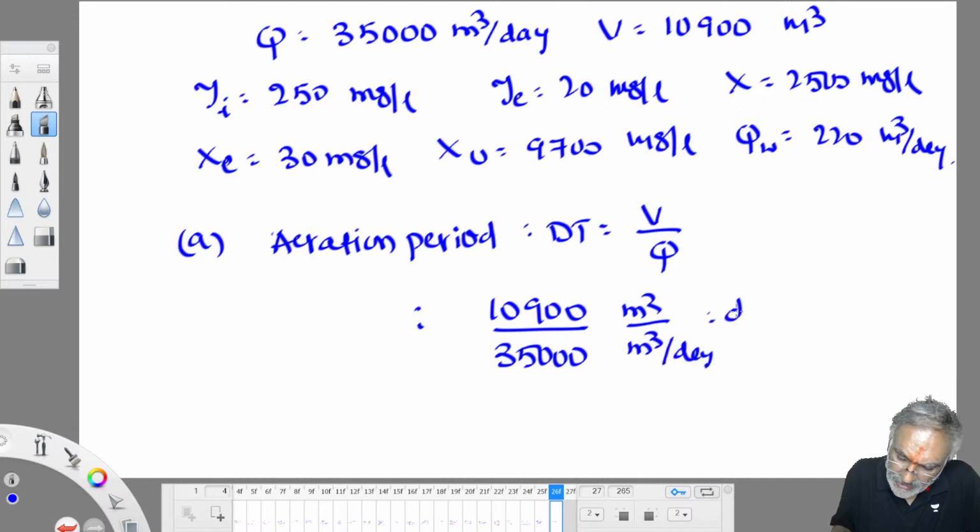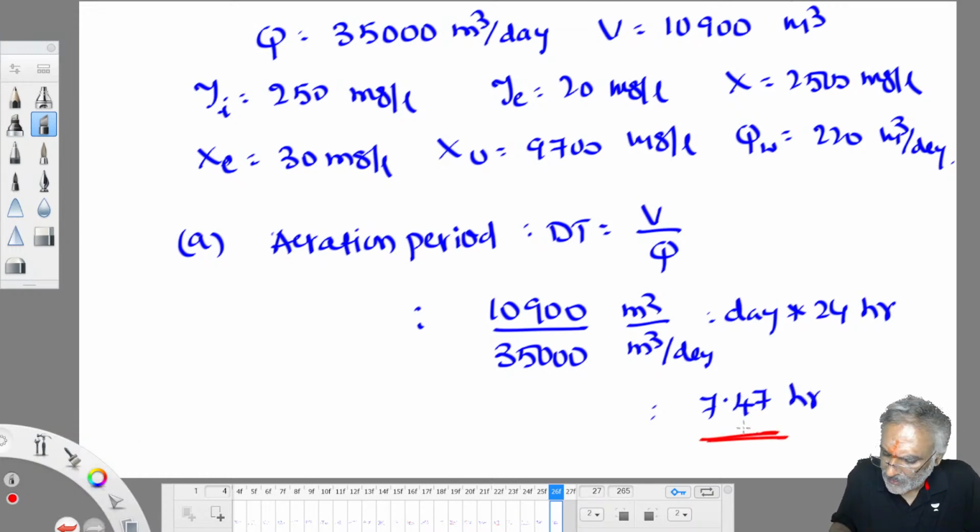You will get the answer in days. To convert into hours, multiply with 24. So 10,900 by 35,000 into 24 gives the answer in hours: 7.47 hours. That is the answer for the first question.